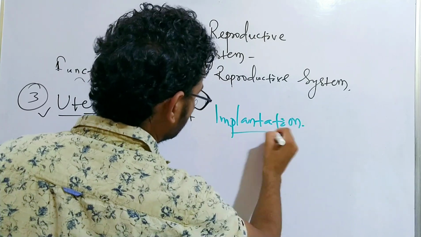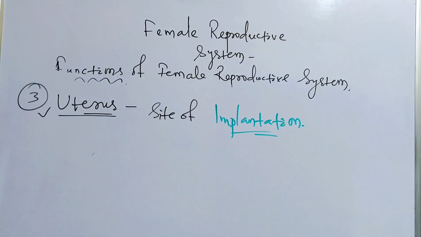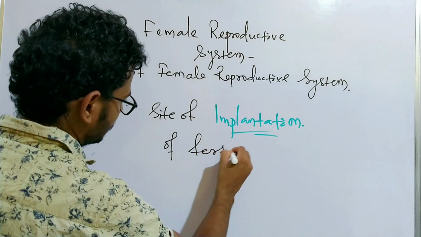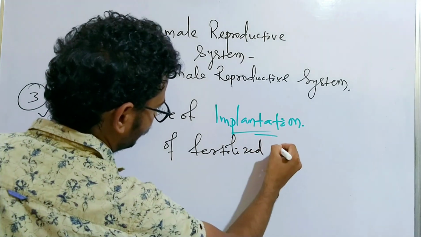Implantation means attachment of the developing zygote. It attaches to the wall of the uterus, so we can say it is the site of implantation of the fertilized ovum.